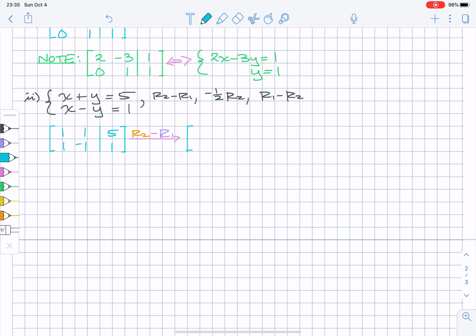So I'm going to have row 2, which is 1, minus the corresponding entry in row 1, which is 1. Then I'll have negative 1 minus 1, augment. Then we'll have 1 minus 5.